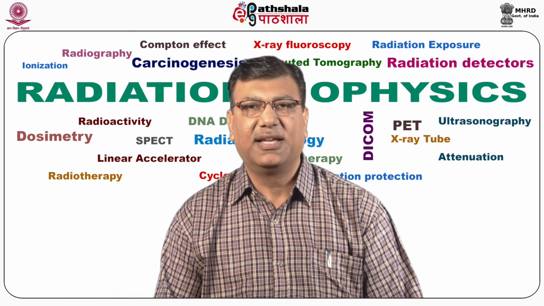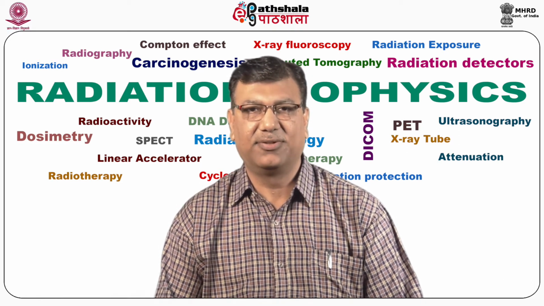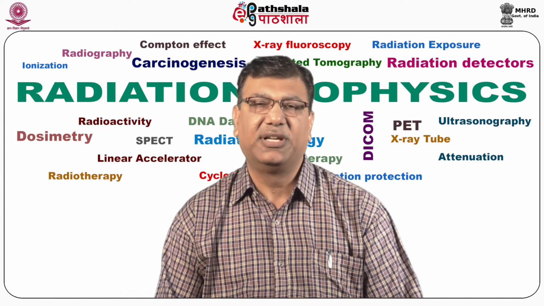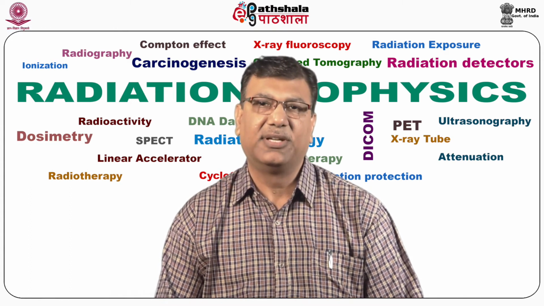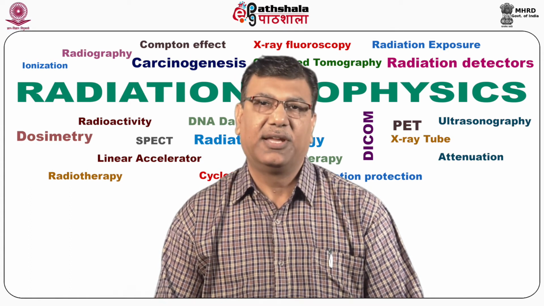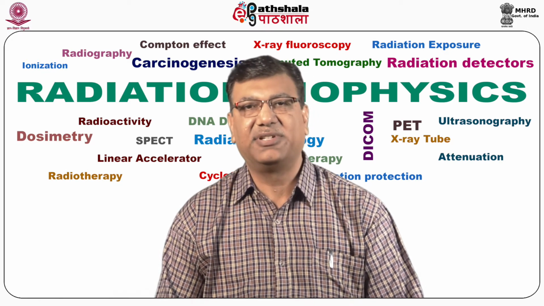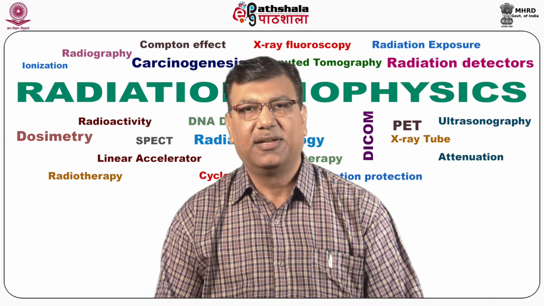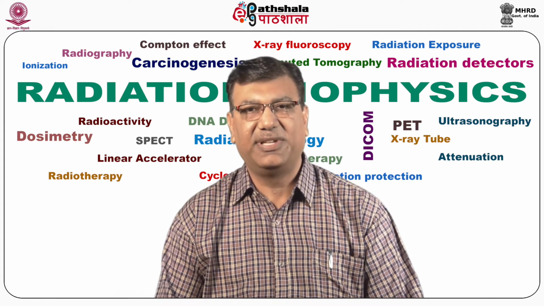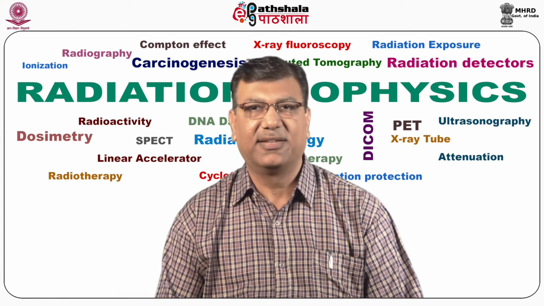Nowadays, high-tech machines are also used to treat cancer patients. And as high-tech machines are used, the role of physics in cancer is increasing. The planning part is done by the physicist.